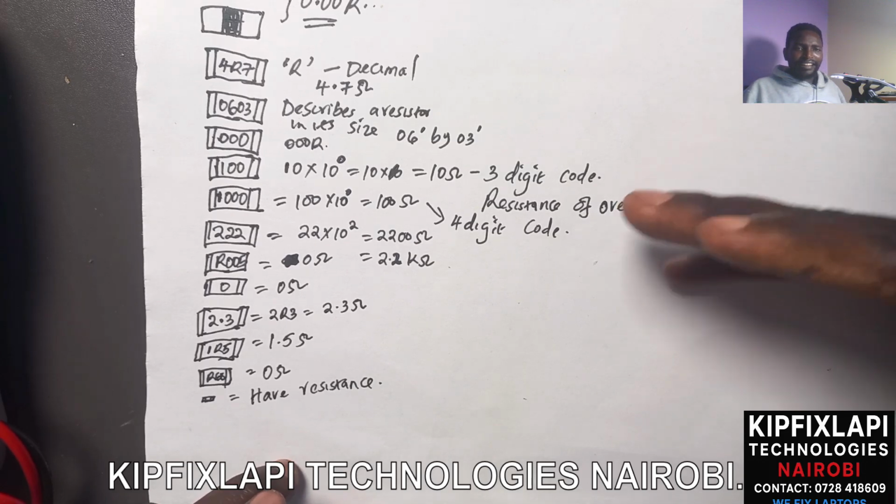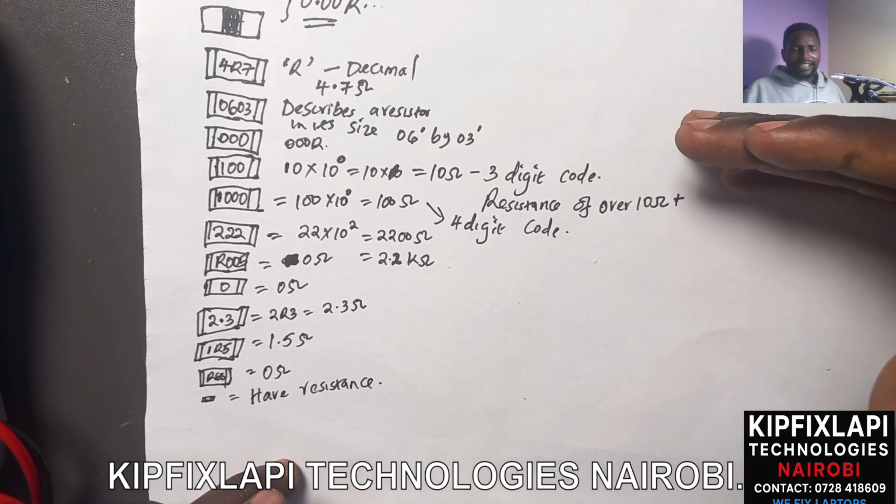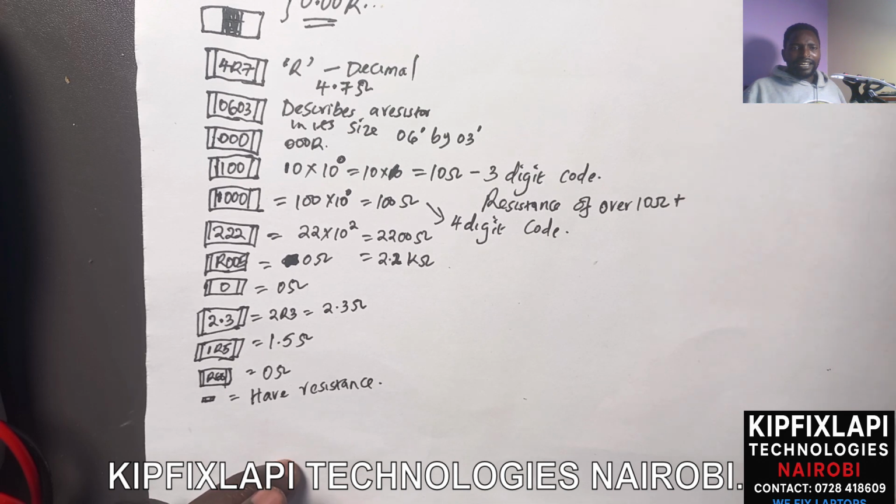What we just saw, we have 3 naming. First one is R coding, yes, we call it R coding or R notation. That R notation is used for low values where the decimal point is needed.